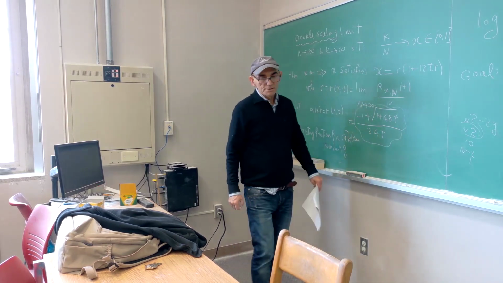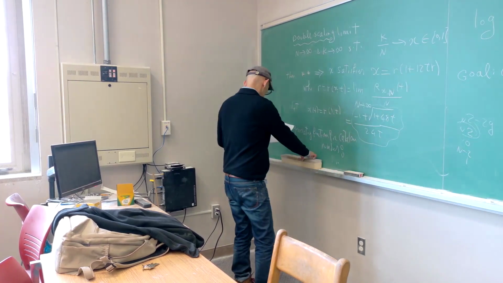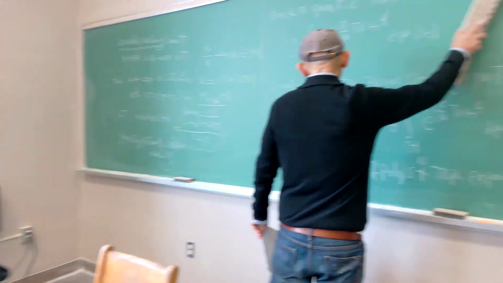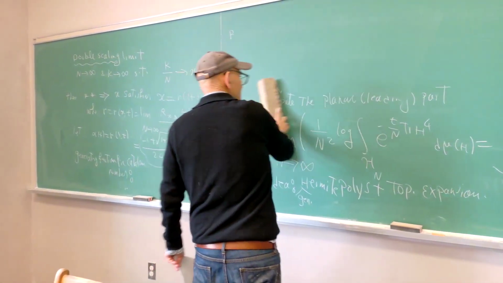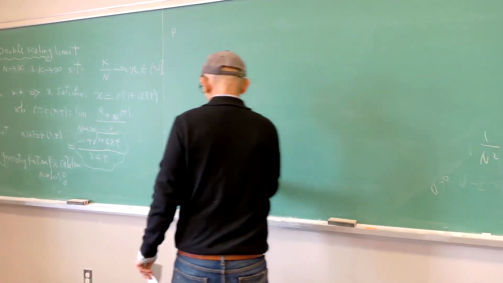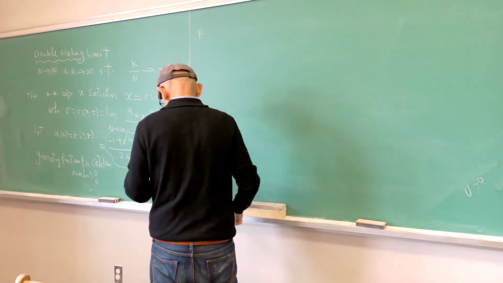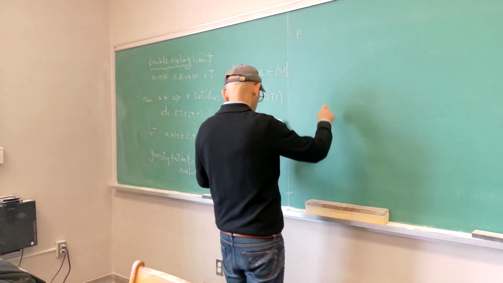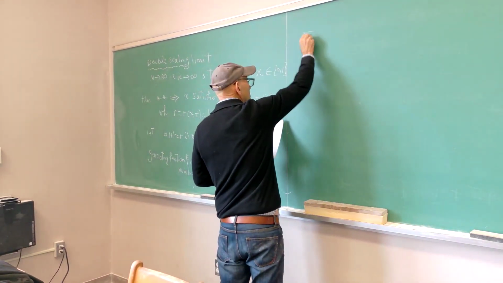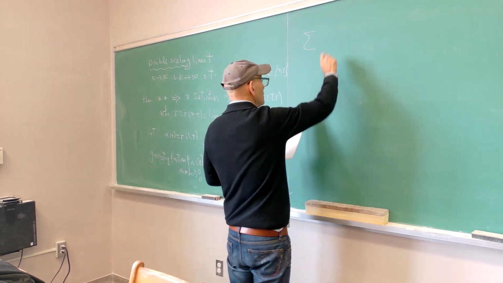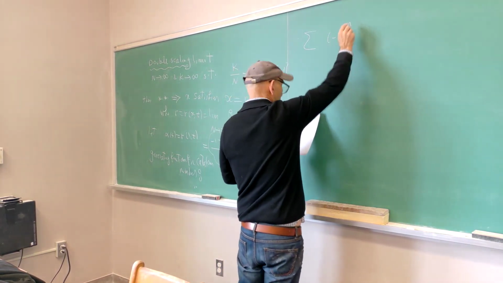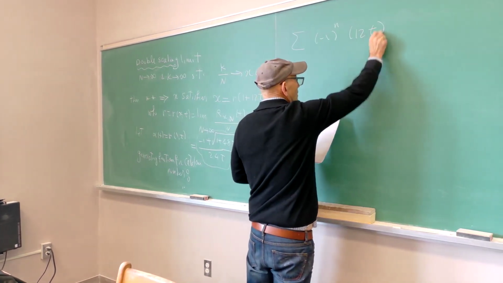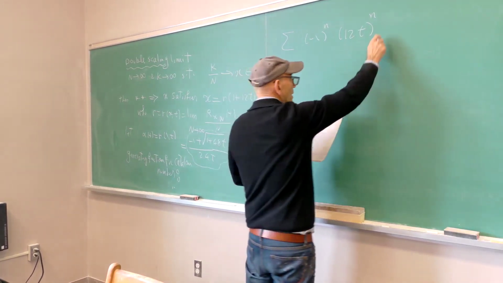So let me write it down and then let's see what it is. This is equal to, essentially, I mean, there are some factors that creep in, but that's the same. So this is equal to the sum of minus 1 to the n, 12t to the power n, times c.